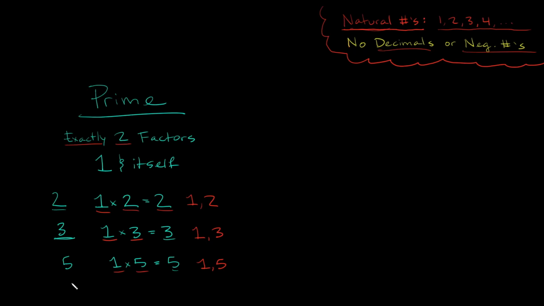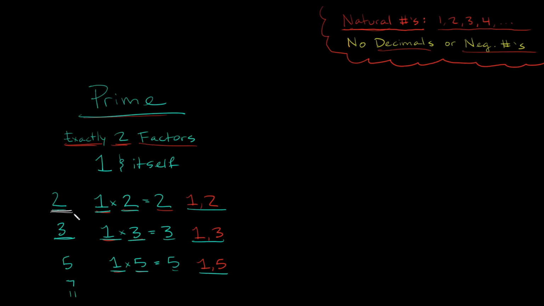We could keep listing more, and you would see that the number 7 is prime, the number 11 is prime, but I think you get the gist of it. So prime numbers have exactly two factors: 1 and itself. One other way you can think of prime numbers is that they are only divisible by 1 and itself.